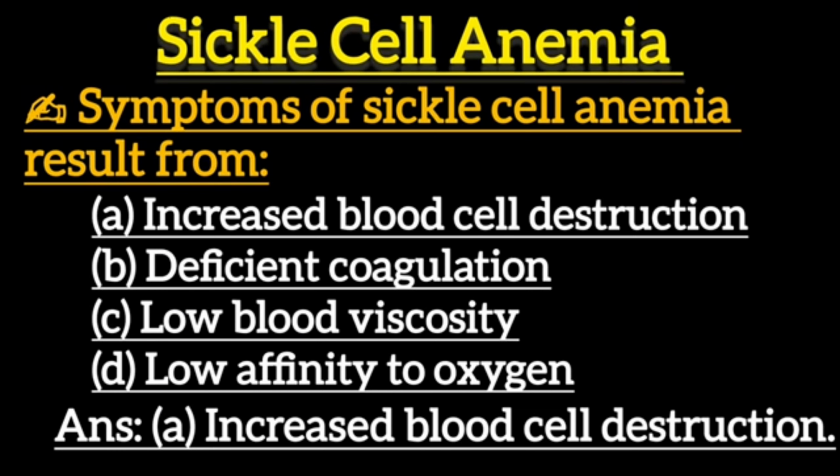Next one is symptoms of sickle cell anemia result from option A increased blood cell destruction, option B deficient coagulation, option C low blood viscosity, option D low affinity to oxygen. Correct answer is option A increased blood cell destruction.